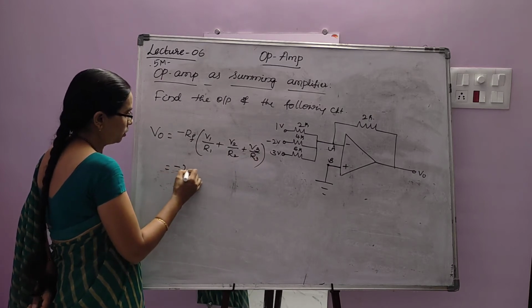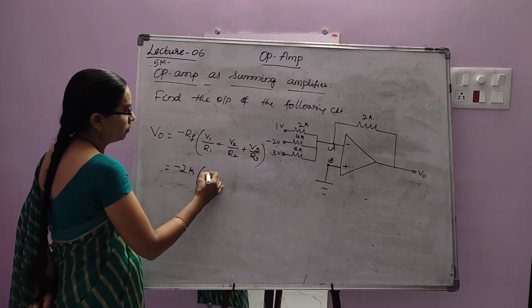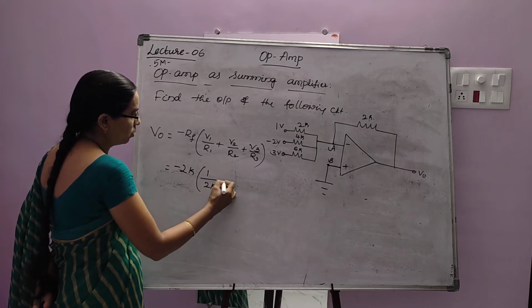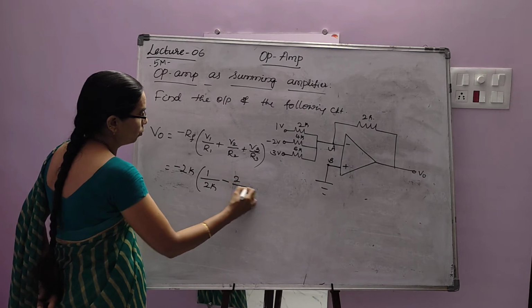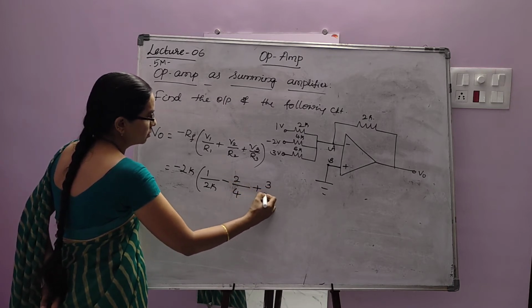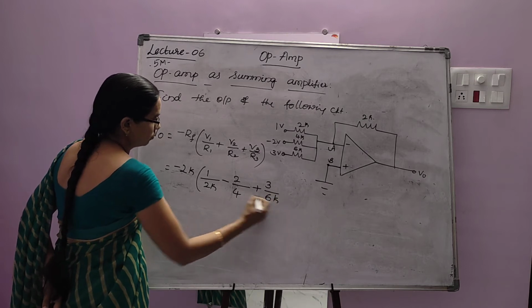RF is 2 kilo, V1 is 1 volt by R1 is 2 kilo, minus 2 volt by 4 kilo, plus 3 volt by 6 kilo.